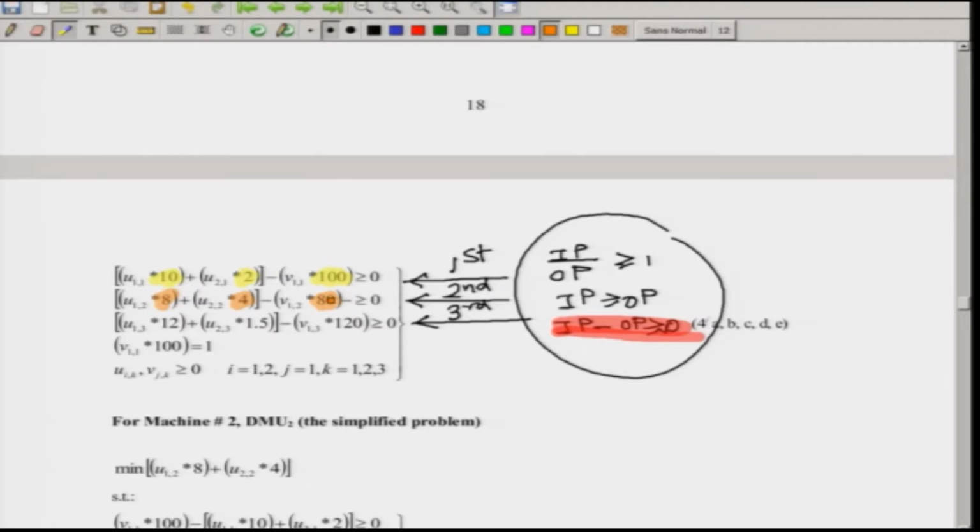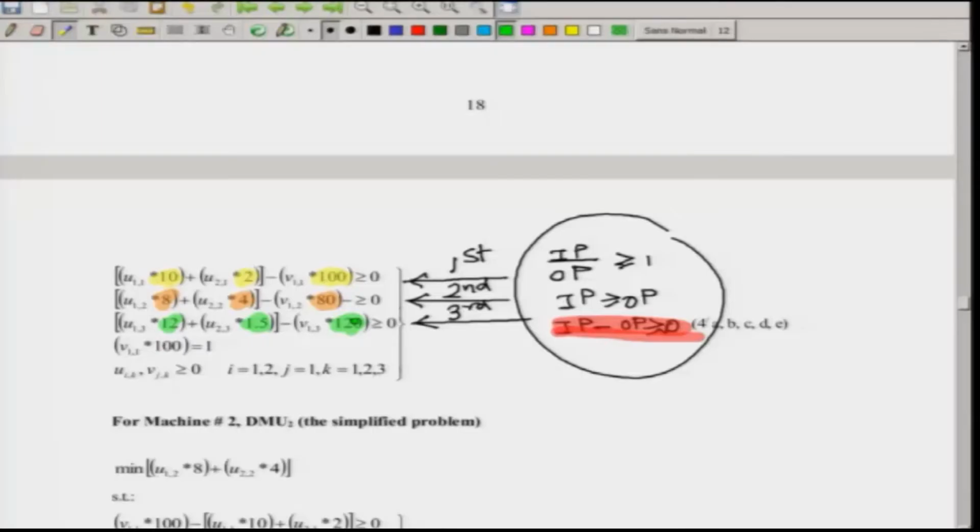These are the conversion rates, and 12, 1.5, 120 are the conversion rates for the third DMU. Now, the denominator which has been forcefully put as 1 is now coming up as an added constraint, corresponding to the fact that I am using the first DMU to minimize it.